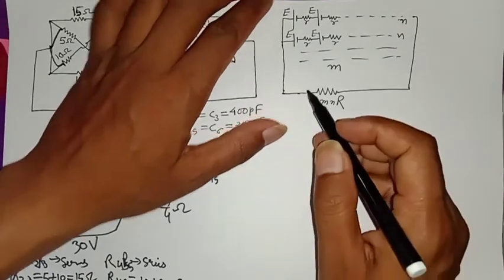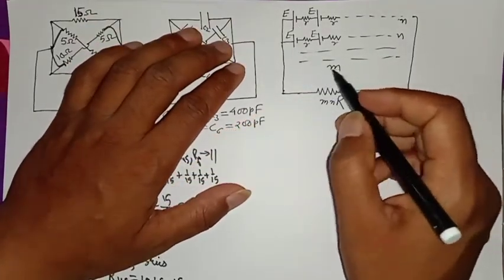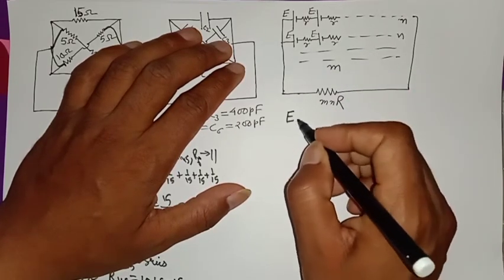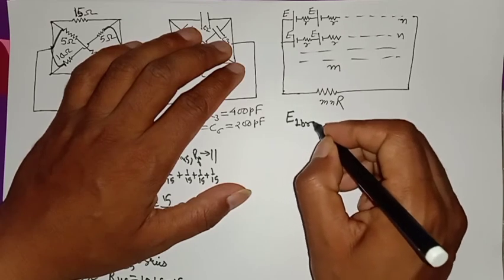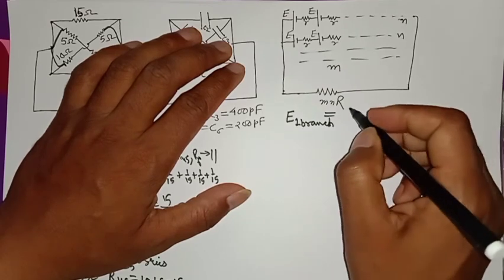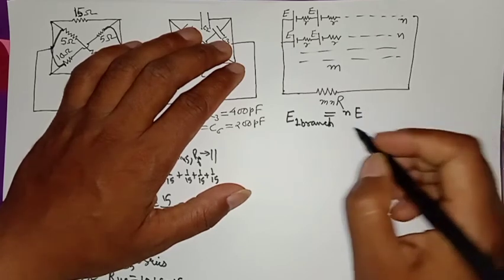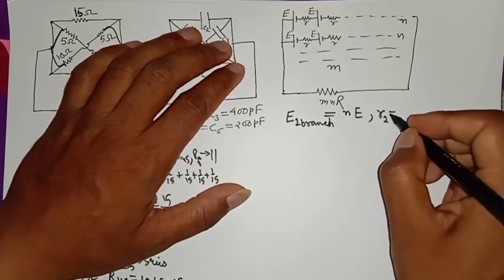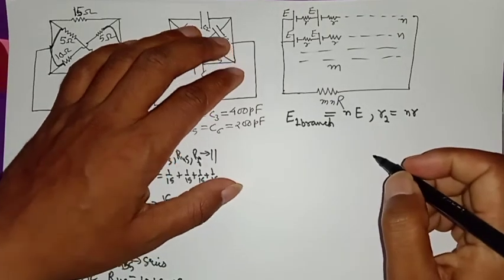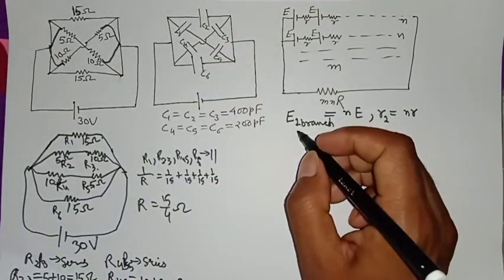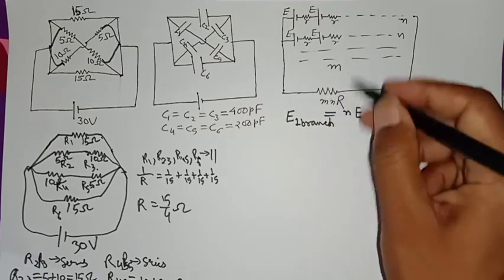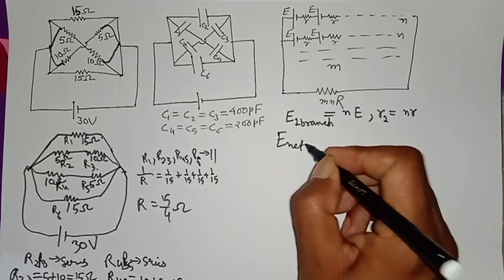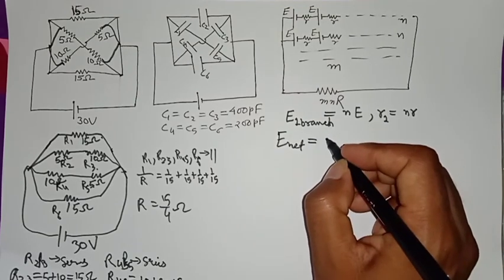Here we have to find current, and there are m branches. There is a direct formula also, but I will generalize this thing. So in the first branch the EMF is Ne, and the internal resistance in the first branch will be Nr. And there are m such rows, so E net will be equal to Ne.